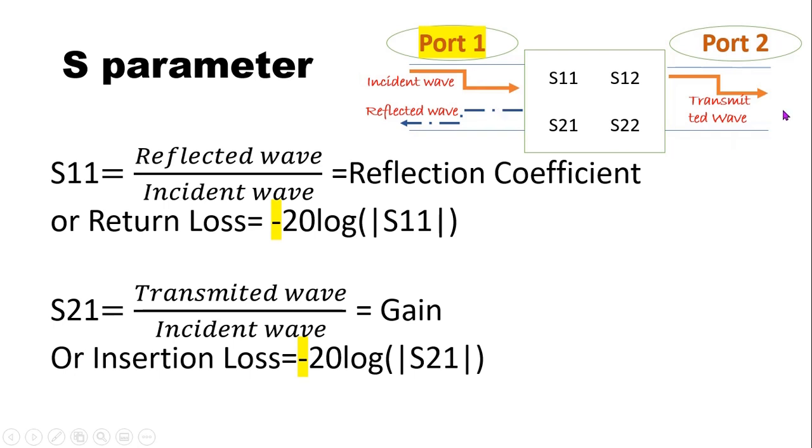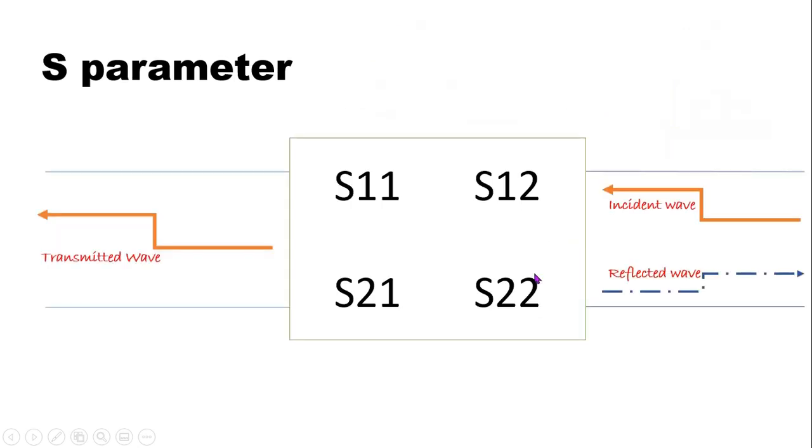But if we reverse these 2, then we get S12 and S22 in the picture. And if your circuit is symmetrical, then S11 will be equal to S22 and S12 will be equal to S21. So let's see it.